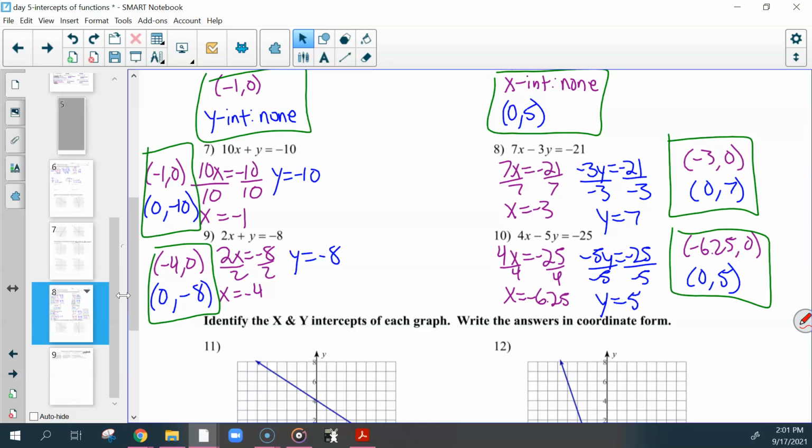Okay, really quickly, let me explain assignments. You have one Delta Math assignment on intercepts that is due by next class, so Tuesday. It doesn't matter when you do it, but Tuesday. Bring any questions you have to class on Tuesday. You have 2 Khan Academy assignments. One is intercepts from a graph. The other is intercepts from an equation.